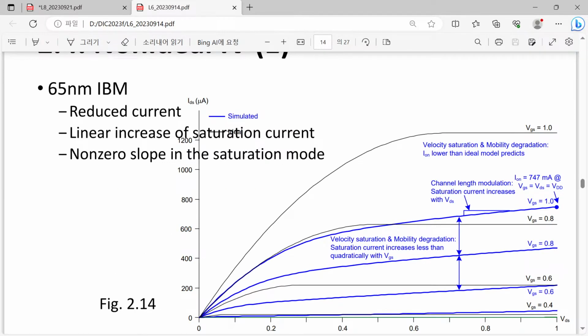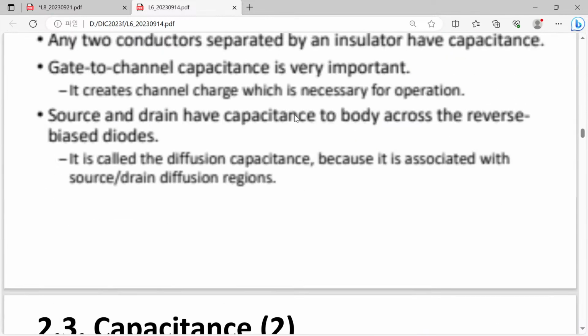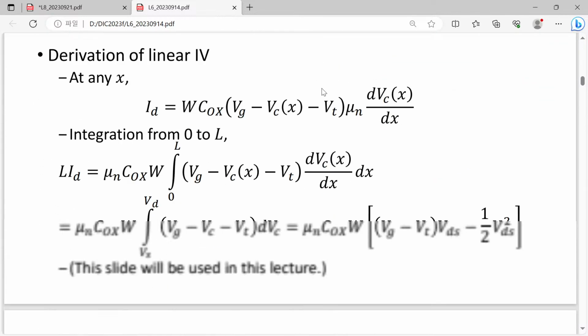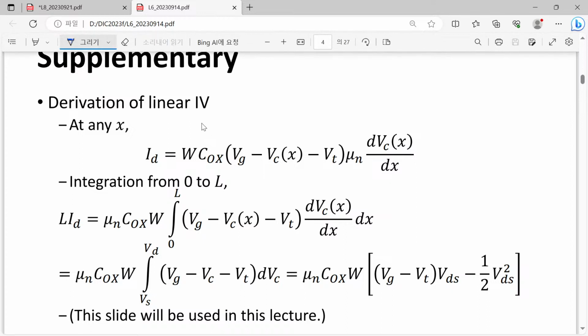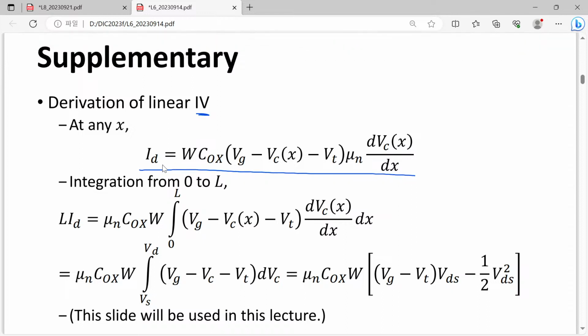This was discussed in our second last presentation, and the derivation of our IV characteristics started from the form of our drain current. At a given position, we have the gate to channel potential difference minus threshold voltage.